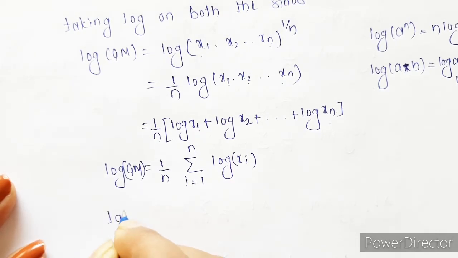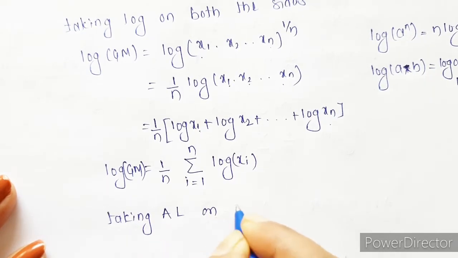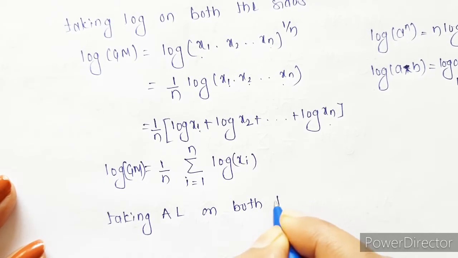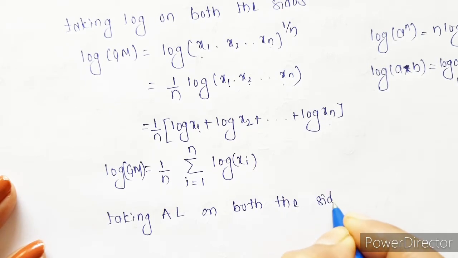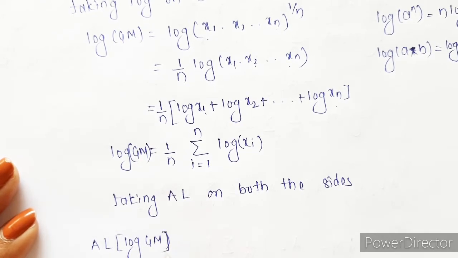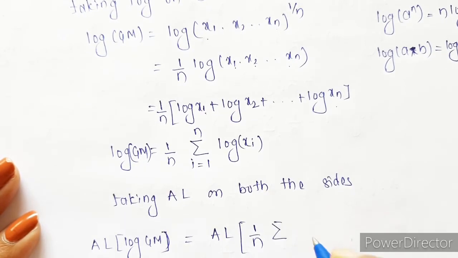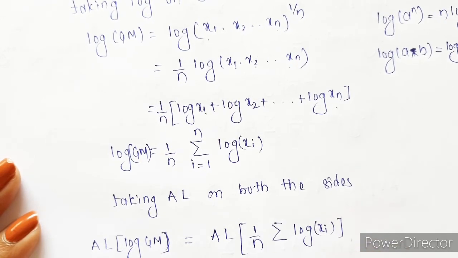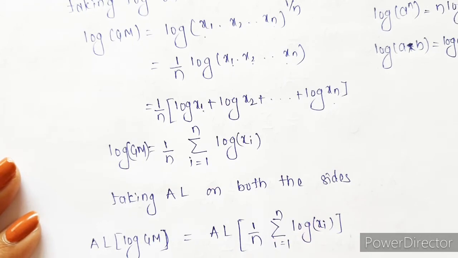So we are taking anti-log on both the sides. After taking anti-log, this is going to be the geometric mean, and this will be anti-log of 1 upon n summation of log of xi where i is going from 1 till n.